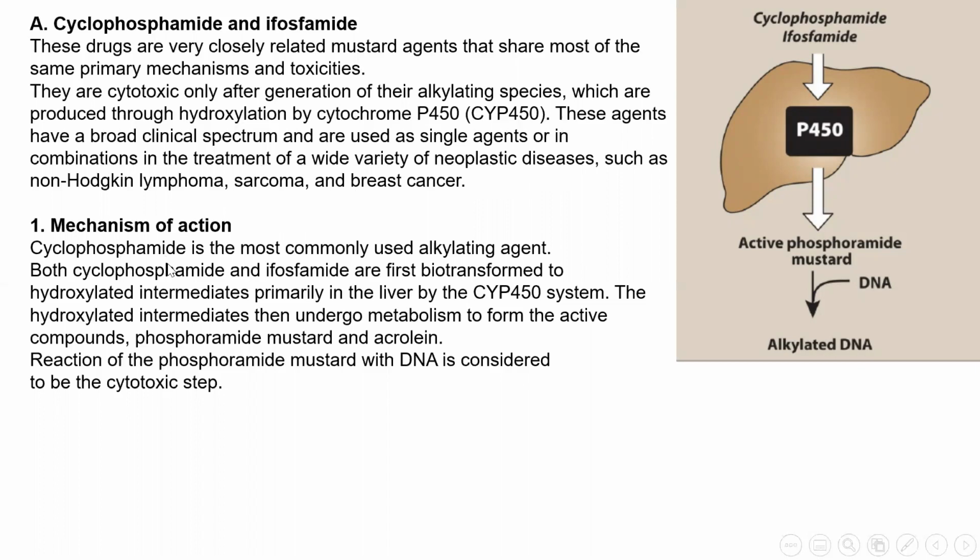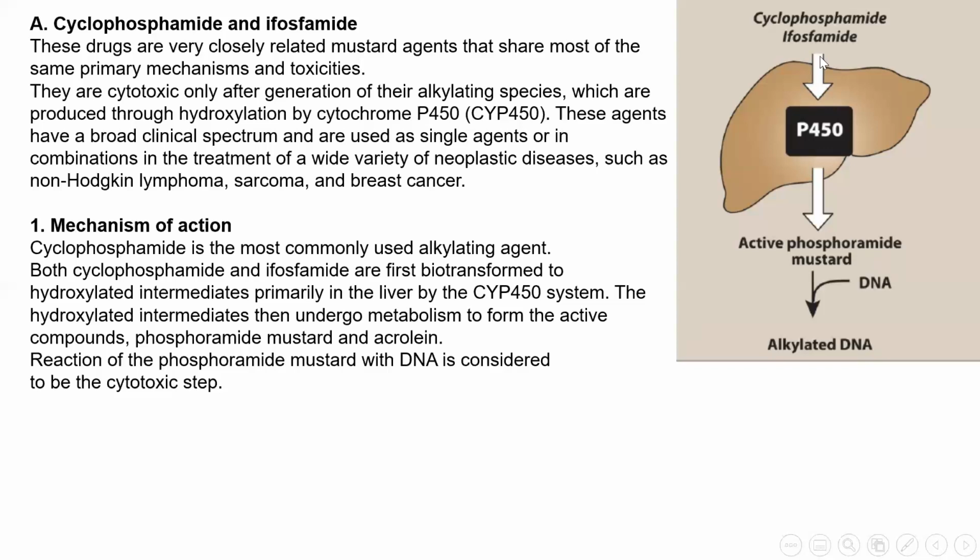Regarding the mechanism of action, cyclophosphamide is the most commonly used of the alkylating agents in general. Both cyclophosphamide and ifosfamide are first biotransformed into hydroxylated intermediates in the liver by cytochrome P450. This hydroxylated intermediate undergoes metabolism to form the active compounds phosphoramide mustard and acrolein, as we can see in the figure.